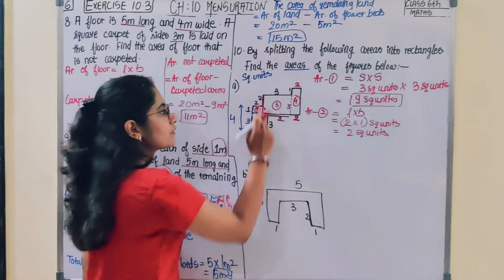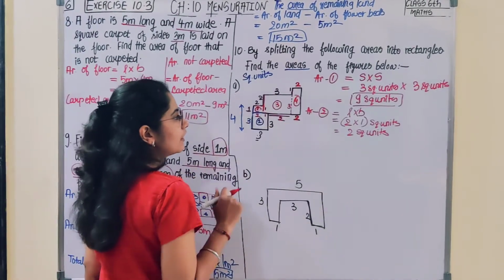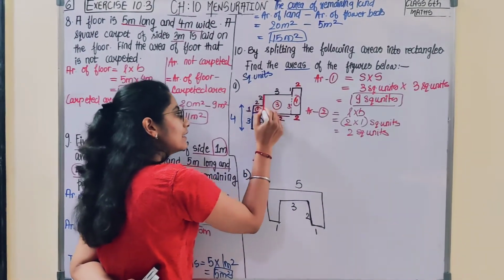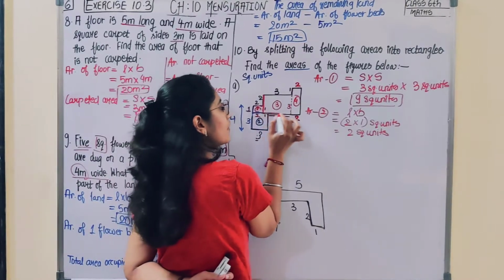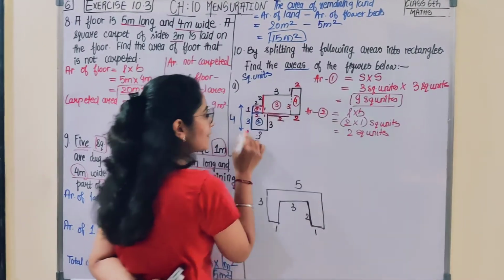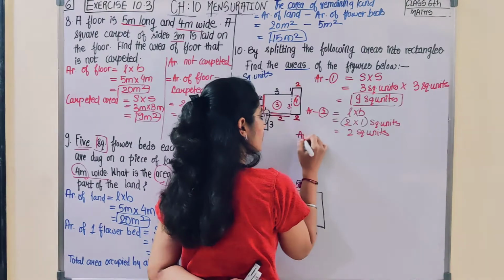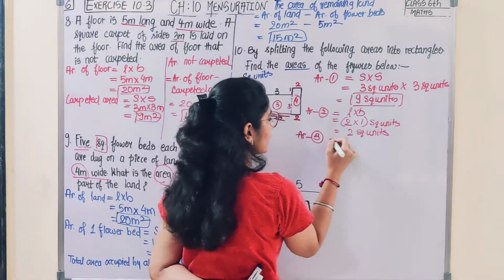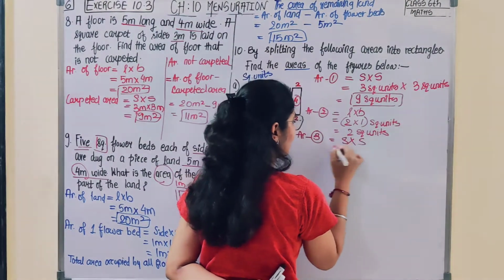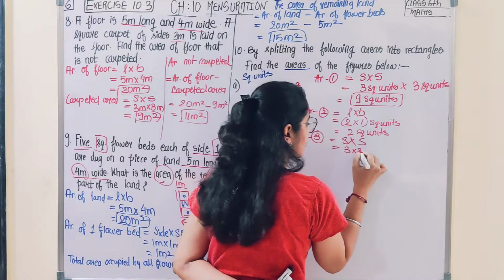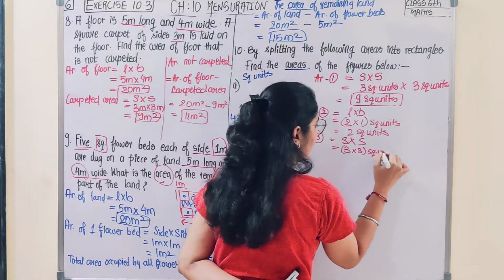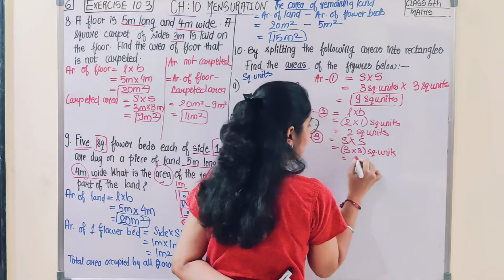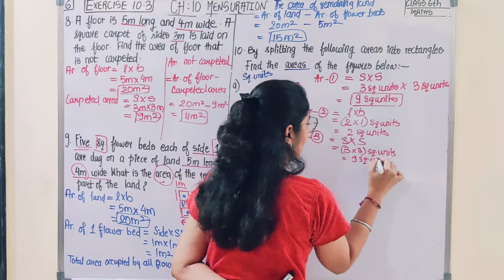Okay, now third rectangle. देखो this is the third. इसका length और इसका breadth सब सेम है. क्या है 3. तो क्योंकि 3 3 सब सेम है, तो एरिया ऑफ थर्ड फिगर इज स्क्वायर, दैट इज साइड इंटू साइड, 3 into 3 square units, that is 9 square units.